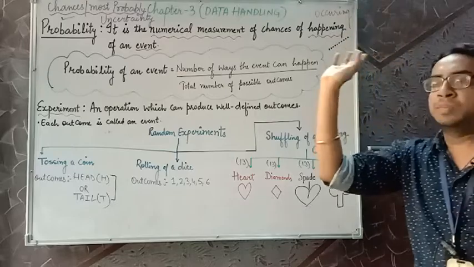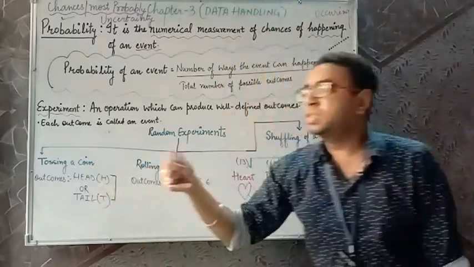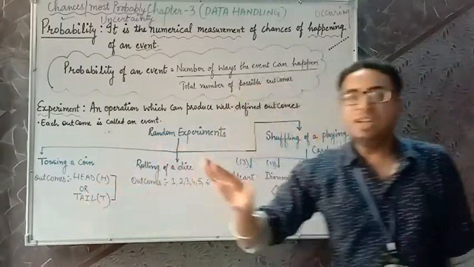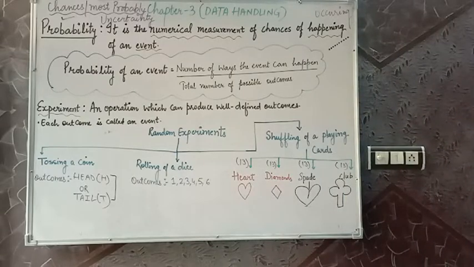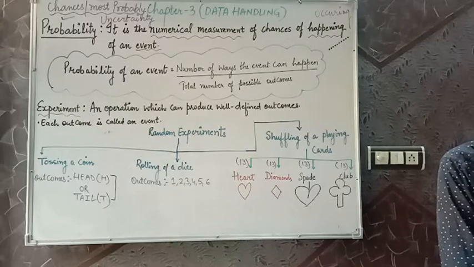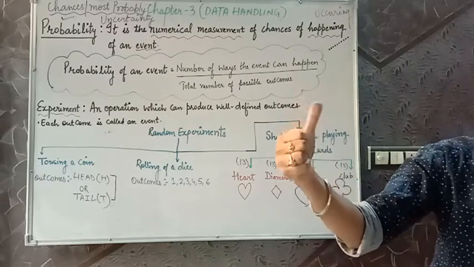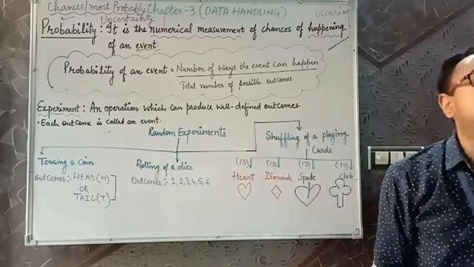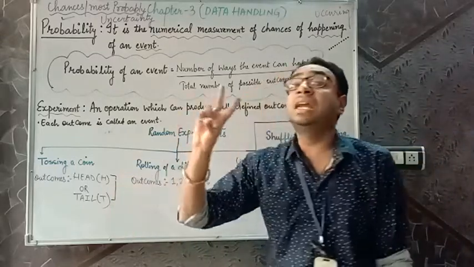If I toss the coin, the two outcomes are either head or tail. Can we get any other outcome? No ways. If I say on tossing a coin I get ears, is there any probability? No, because there is nothing called ears as the outcome when we toss the coin. So head or tail is the outcome.